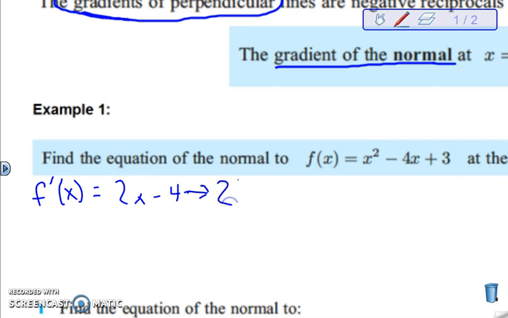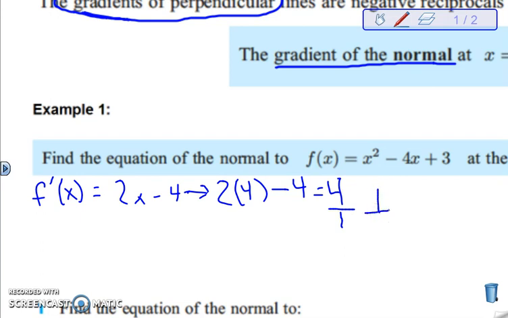So we're going to do 2 times 4 to get 4. But since we want our lines to be perpendicular, let's go ahead and express this as a fraction.